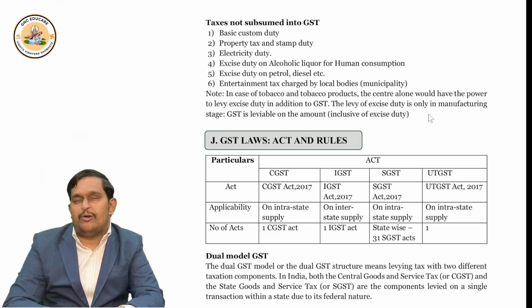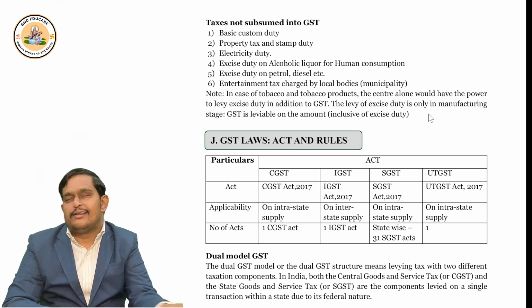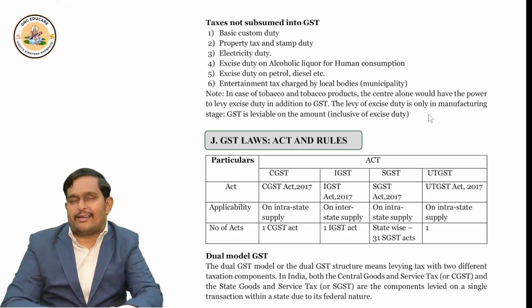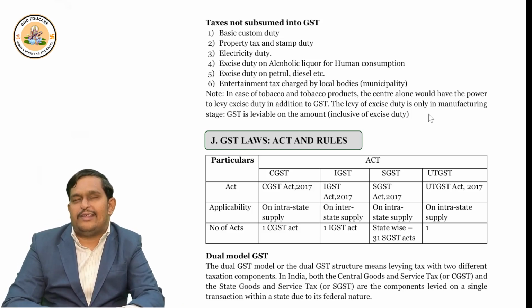Correct? Now, similarly, SGST. Now, there are 31 different states, including two which are union territories but have a state legislature. These are union territories with state legislature. So that's why in these type of states, they are 31 in number.